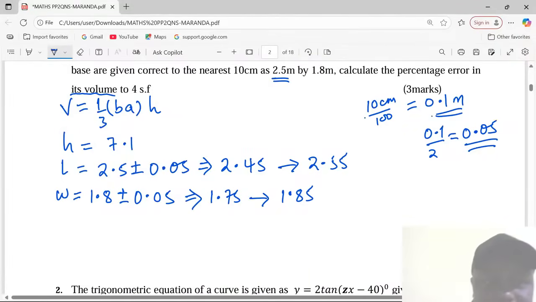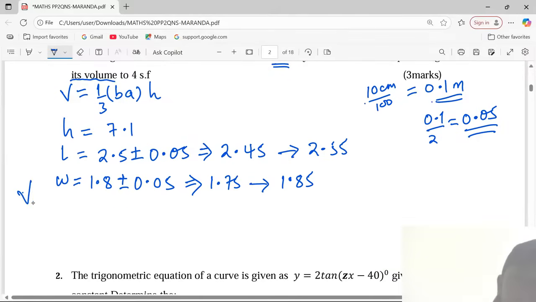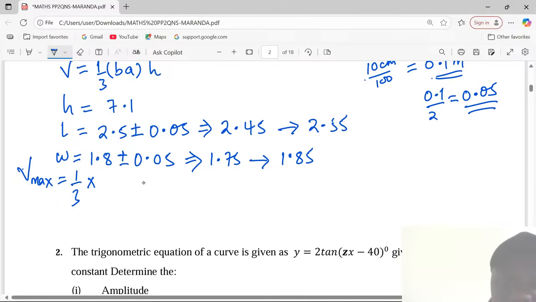Now with this, we can talk about volume maximum. What shall be the maximum volume? A third base area. So we use the biggest base, the maximum most base shall be 2.55. I'm using the upper limits multiplied by 1.85, then times the height, which is just fixed.